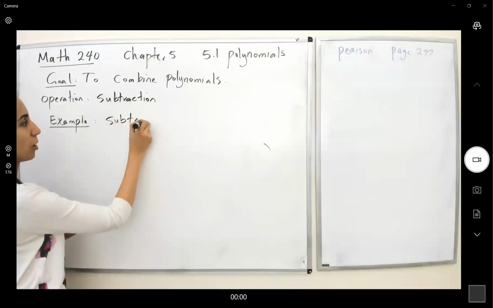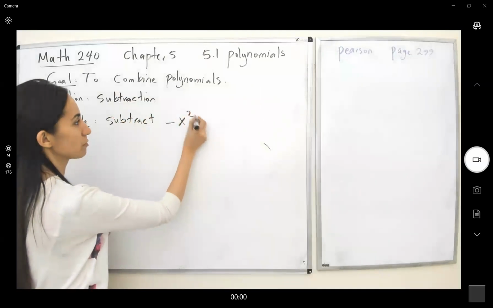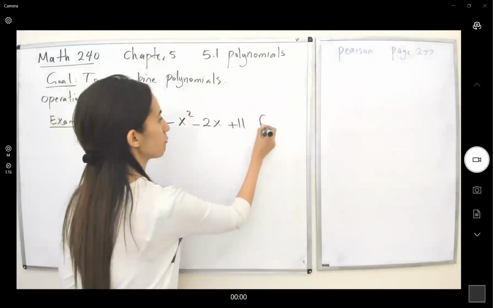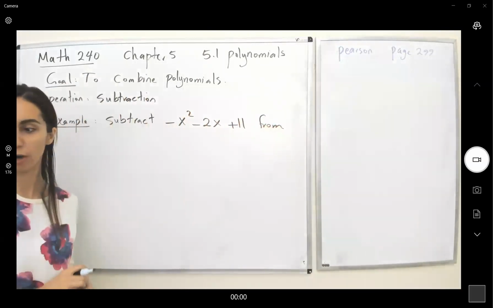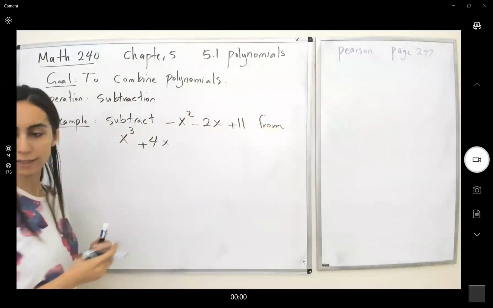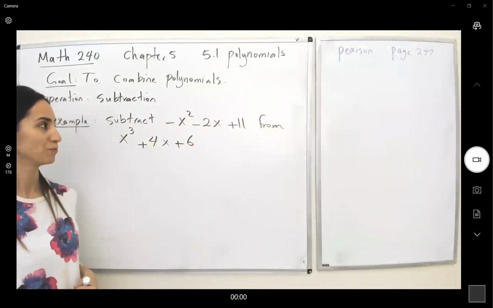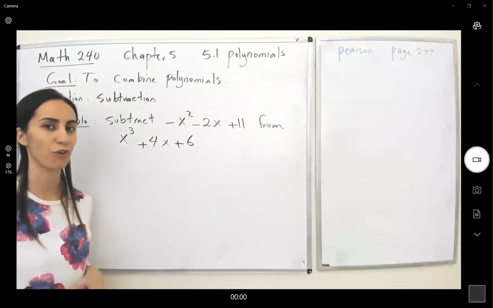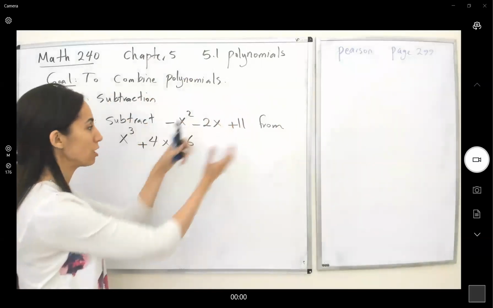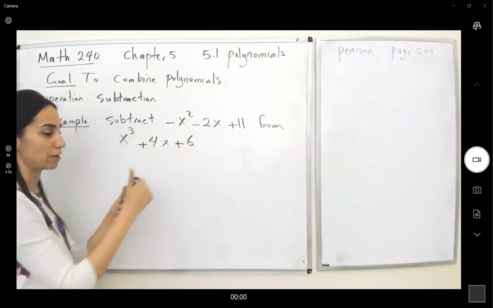The example says subtract this polynomial, negative x squared minus 2x plus 11, from x cubed plus 4x plus 6. So which one comes first? Which one comes second? We are subtracting this polynomial from this polynomial. So the second polynomial comes first.